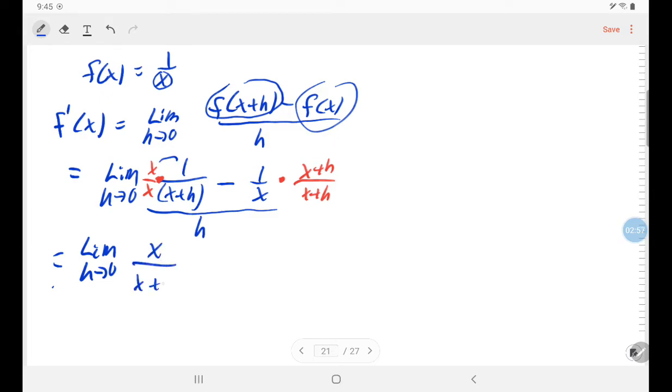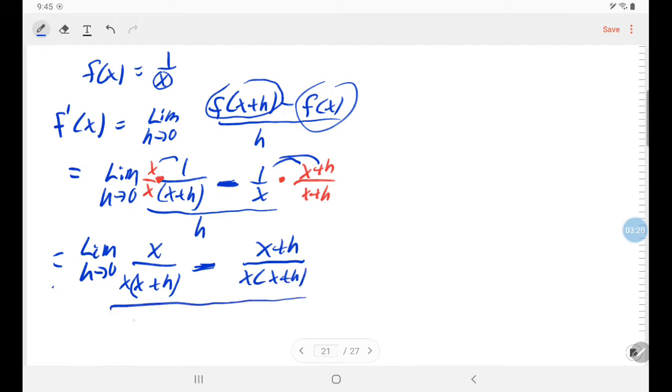And I'm just going to leave this bottom, x plus h times x. I'm just going to multiply the 1 and then leave the negative out of my second fraction for now. And then the same denominator.